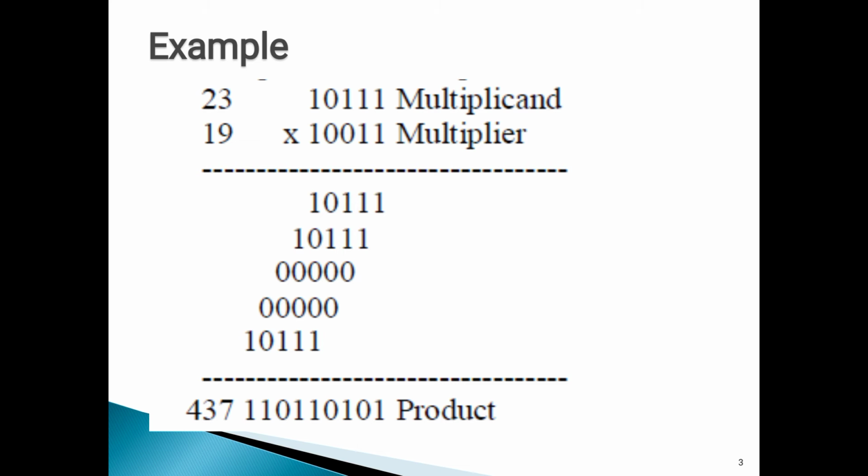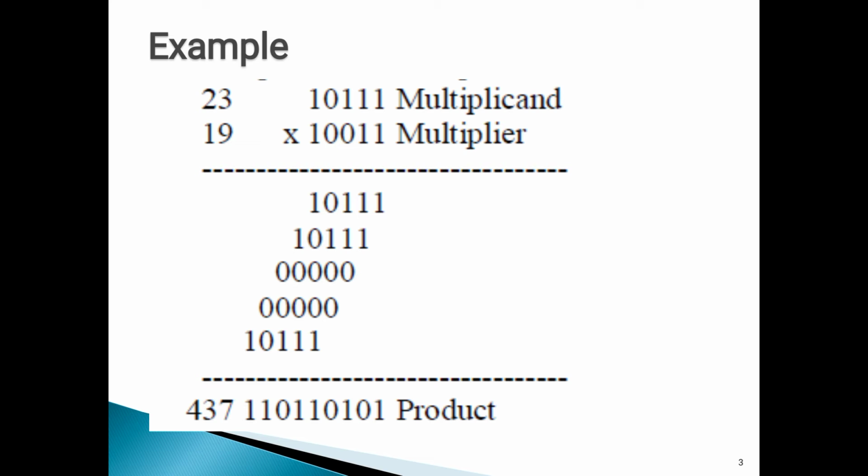So every time we check the least significant bit of multiplier. If it is 1, then multiplicand is copied down. What is the multiplicand? 10111, right? So just write 10111.